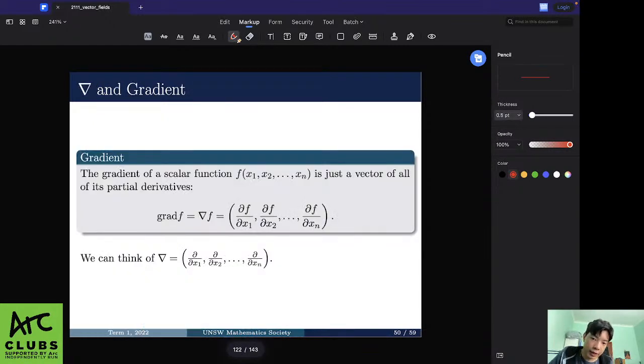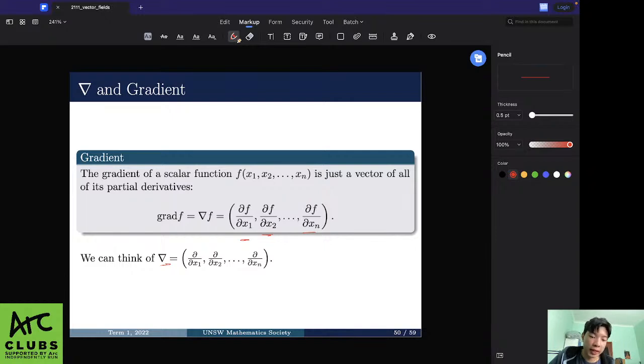So we also have gradients right here. Grad f is also written as nabla, which is this upside down triangle, times f. What this means is produce a vector where we differentiate f with each of its individual components. If we differentiate f with respect to x1, that's our first component.